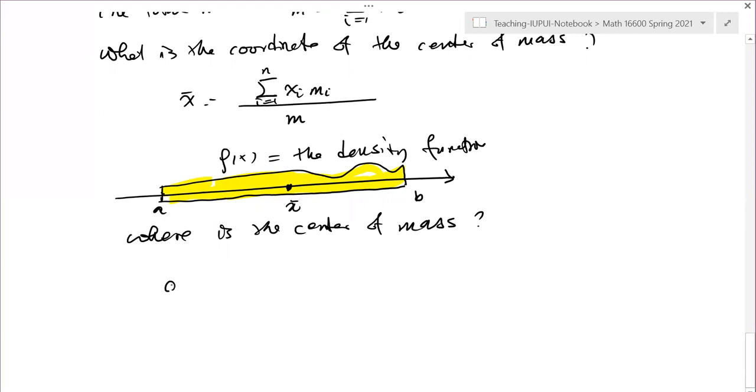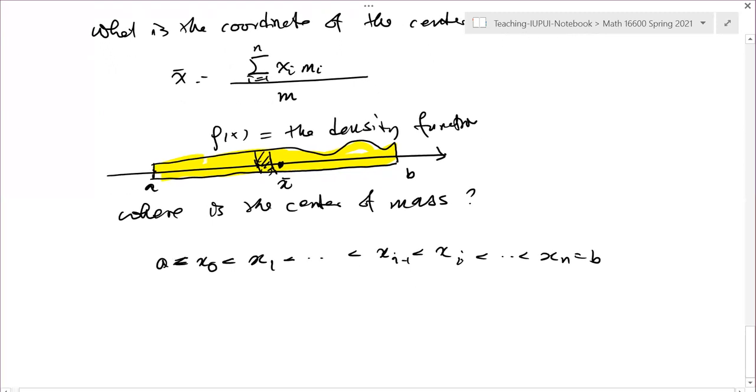So what I'm going to do is take a partition of the interval. So you have a partition, right? You take this small piece.